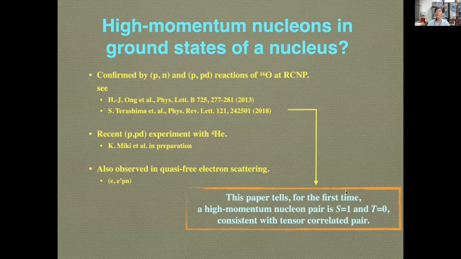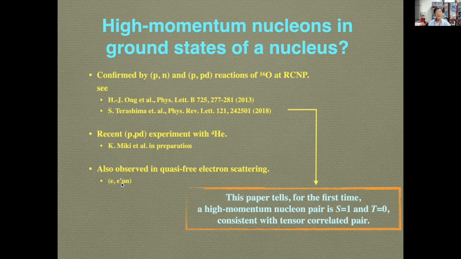So essentially tensor correlated pairs are observed in high momentum that exist in the oxygen 16 ground state. And also you know that in electron scattering, knocking out proton and neutron, they also observe high momentum pairs. I think it's a famous story.